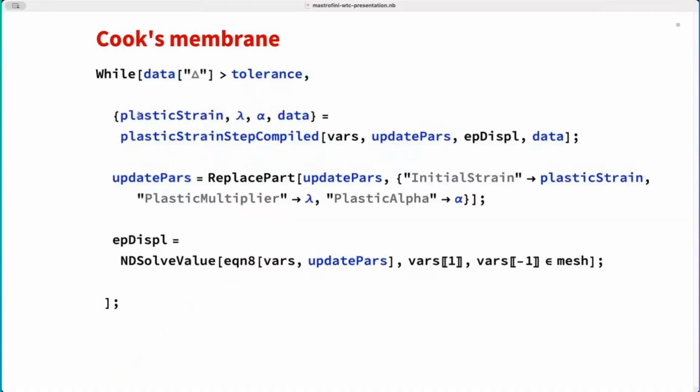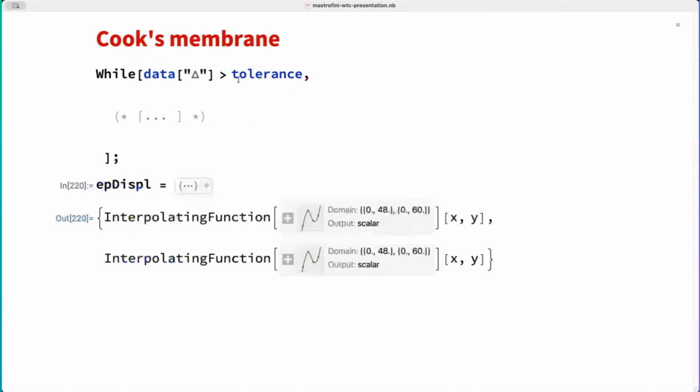As mentioned before, we need to solve this iteratively. In particular, we can stop when the increment of the plastic variable is below a certain tolerance. Then we will obtain some updated displacement that now accounts also for the plasticity, the elastoplastic behavior.